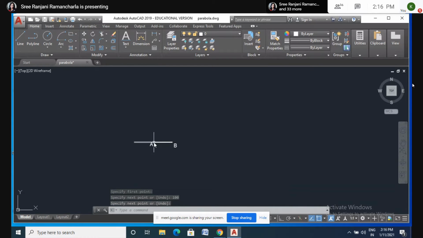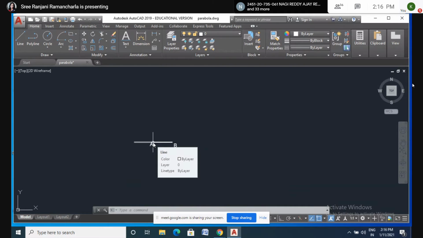Now take A as a center with a compass, AB as a radius. Draw the curve like this of 180 degrees.